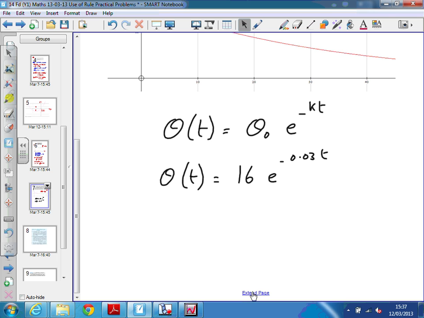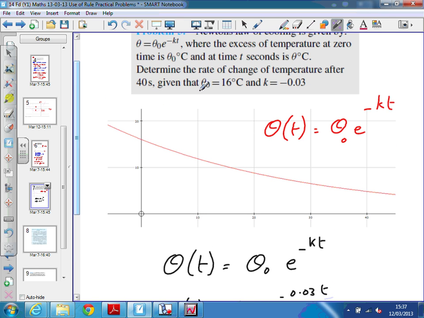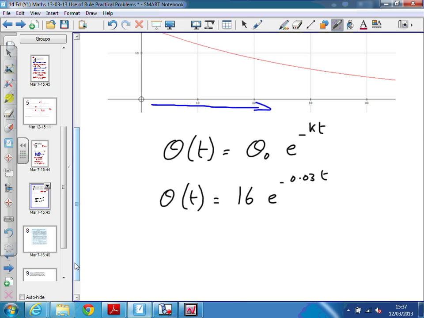T is time. When time is 0, we know that the temperature difference is 16. So this t is in there because this is a function of time. All it's saying at the start is that at the start the temperature is 16. So when t equals 0, it's 16. But then time's going by, and this is how it changes. Okay? So that's the function.